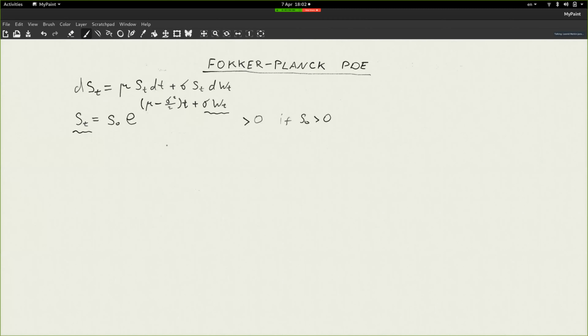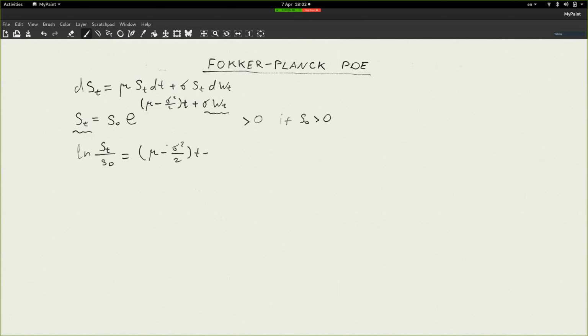Of course, from this it follows, or we can obtain it by other means, that the log of S_t divided by S_0 is (mu minus sigma squared halved) t plus sigma W_t.